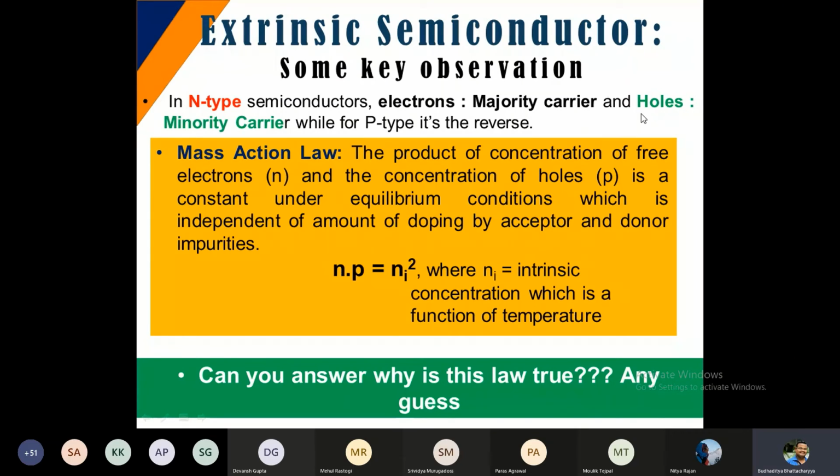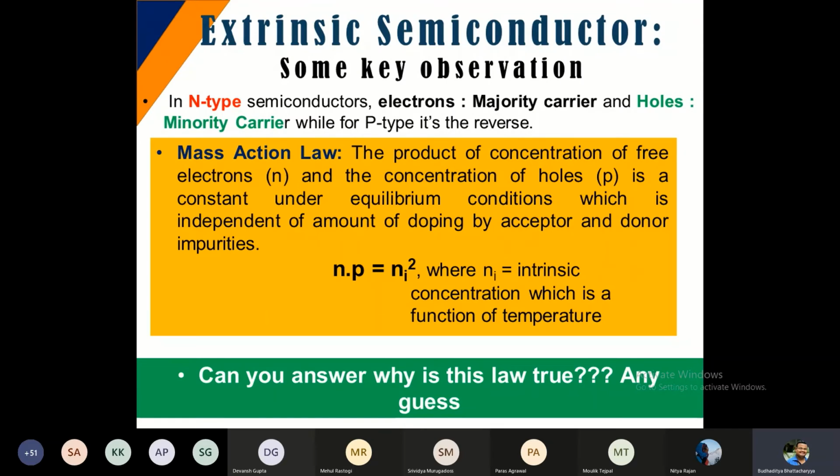Majority carriers will have a current, and minority carriers will also have a current. All together, whatever current we are getting will be the total diode current. We'll see the calculation later, not today. Although minority carriers will have some impact, the majority carriers will definitely have more impact, because the more electrons are generated, the more they are the majority in N-type.